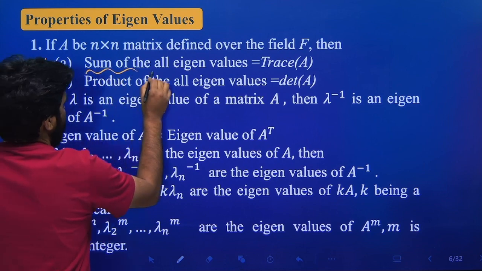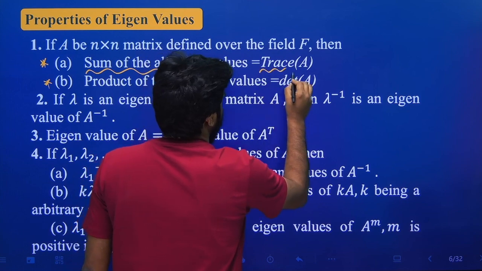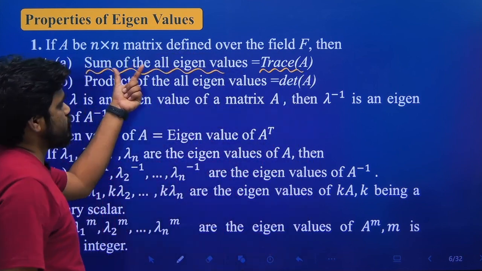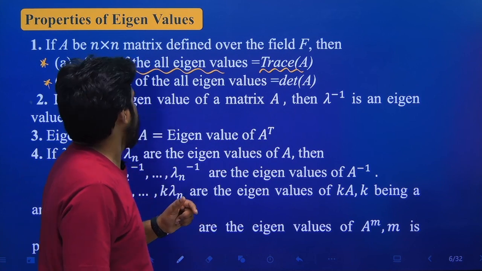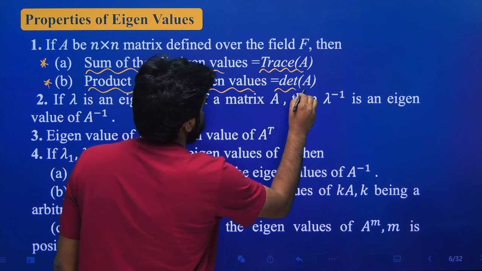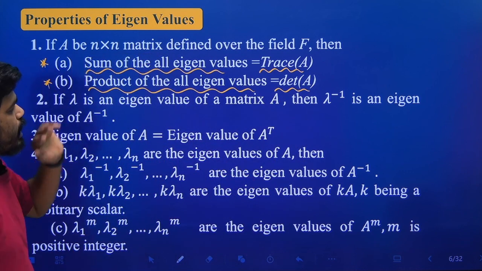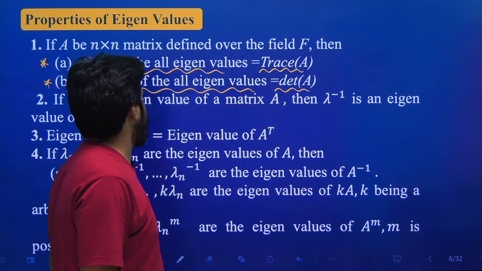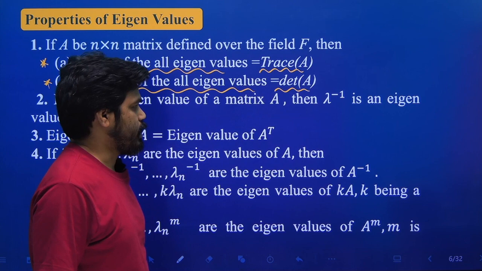Sum of the eigenvalues, মানে eigenvalues এর sum is the trace of the matrix. Product of the eigenvalues is equal to determinant of the matrix. It is a very very important property. Sum of the eigenvalues is equal to trace of the matrix and the product of the eigenvalues is equal to determinant of the matrix.